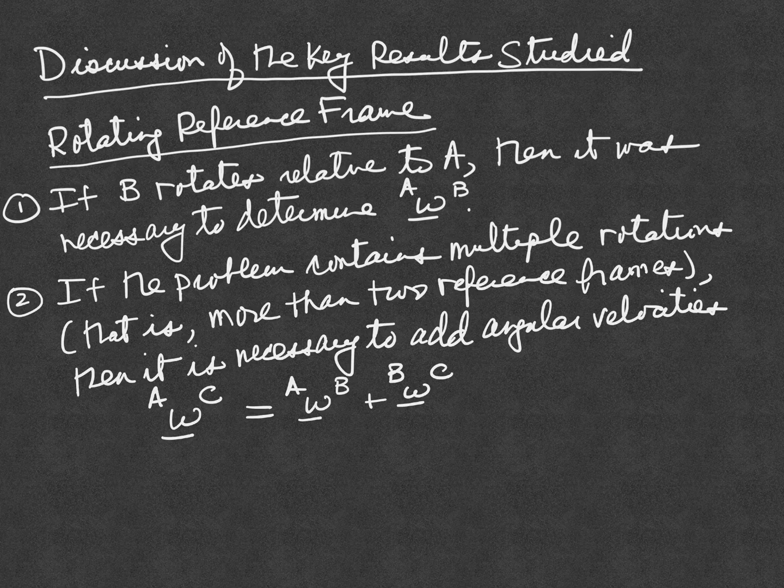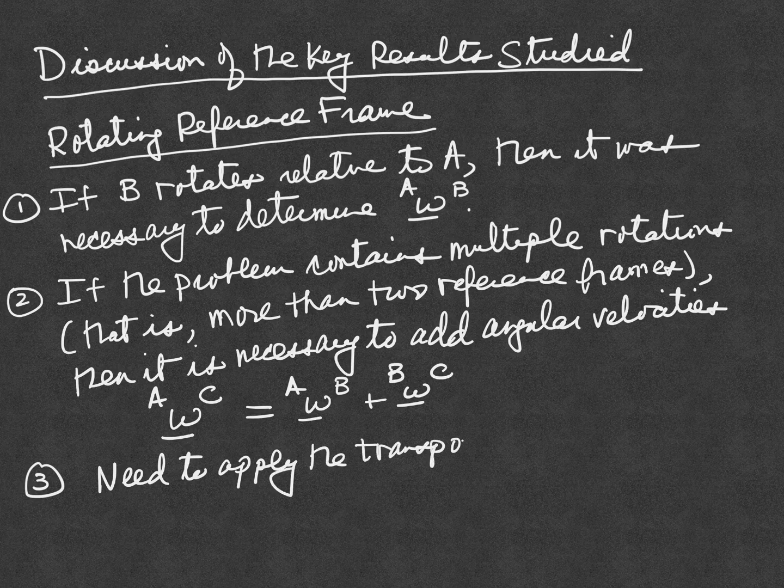And in all these cases, the key idea is when there's a rotating frame, we need to apply the transport theorem. And the transport theorem is always applied from the last frame back to the first frame.